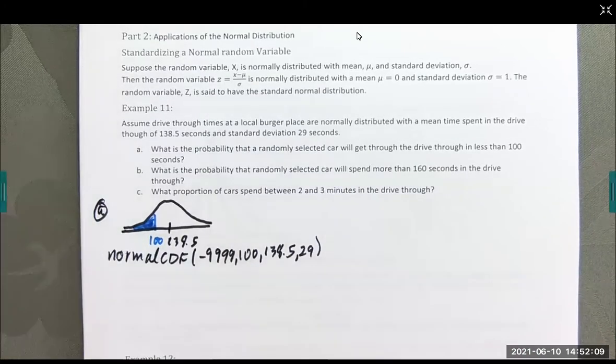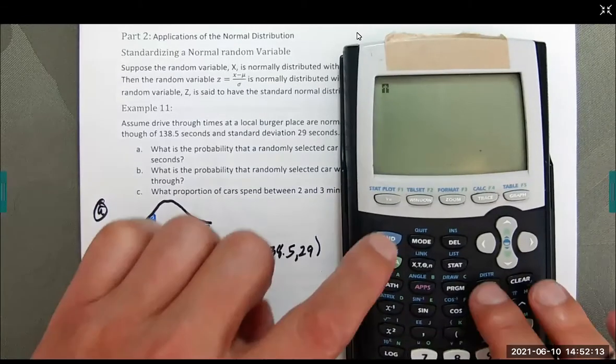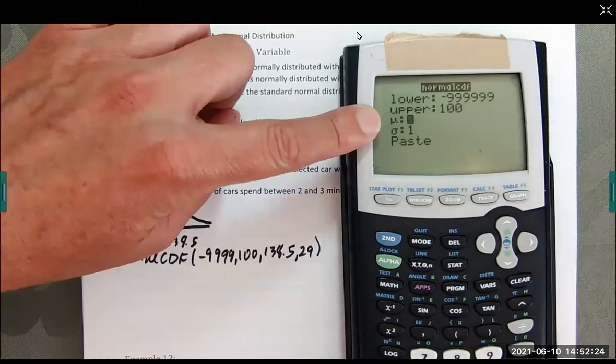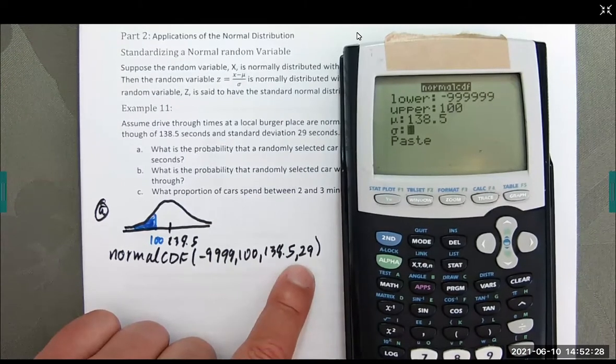And here, I'm going to go to distributions, normal CDF, negative 99999, upper is 100. Now I have to change the mean and the standard deviation. 138.5, standard deviation of 29.